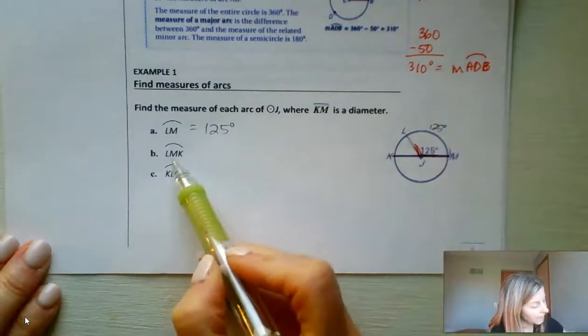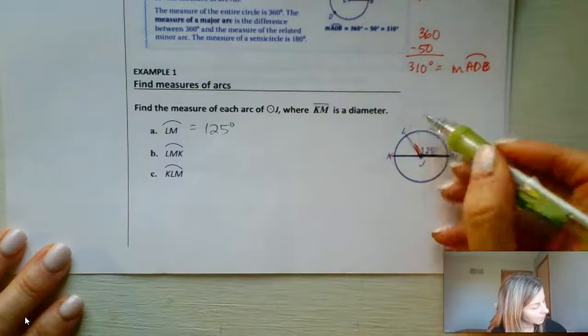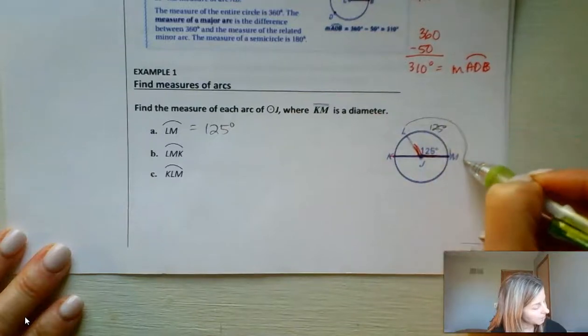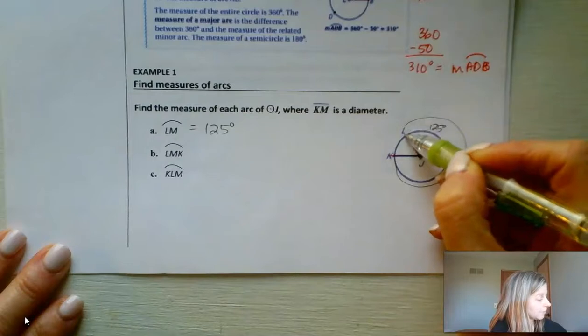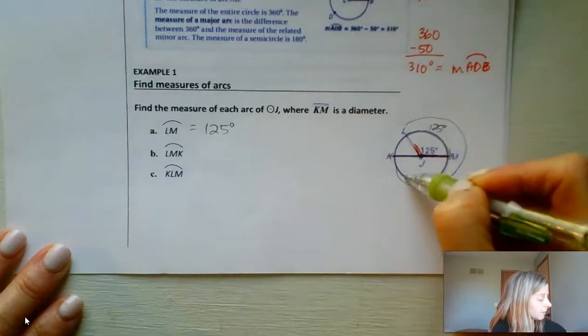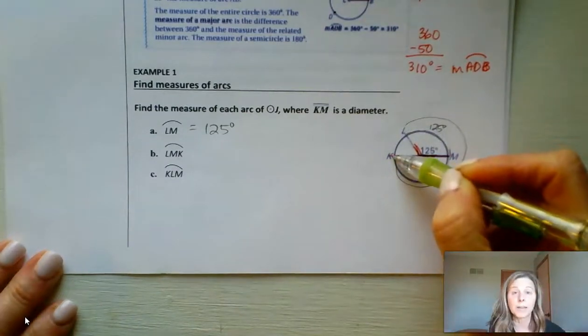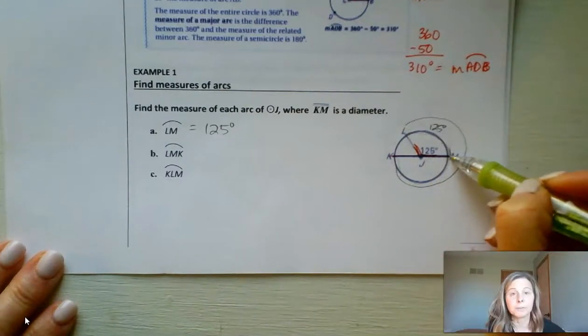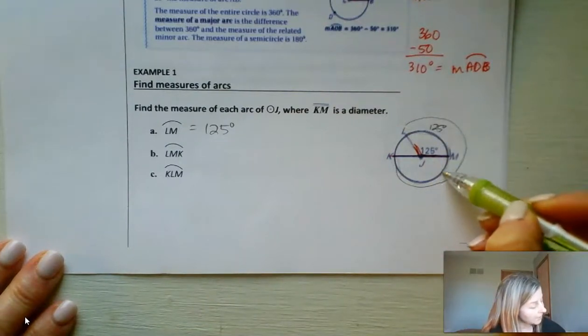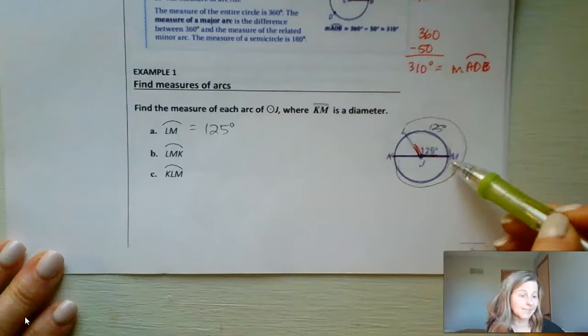Okay, arc LMK. So start with L, you have to go through M and stop at K. All right, so I'm basically going from here all the way around and stopping at K. I want to know that number. So I know that a part of it is 125 from before. Well, how much is M over to K? Well, that's the diameter.